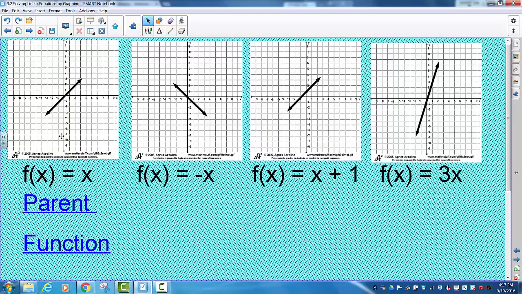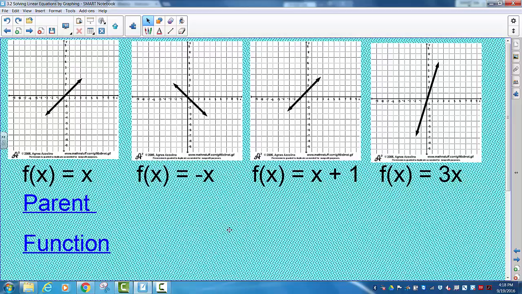For example, if we put a negative sign in front of the x, it causes the line to reverse and go the different slanted direction. If we put a plus 1 with it, it shifts it up one block. Okay? If we put a 3 in front of the x, then it makes it steeper.